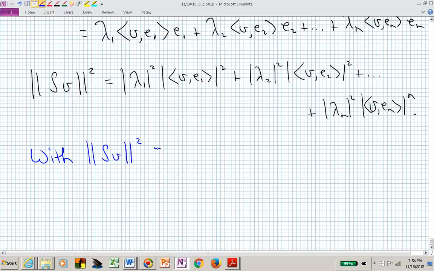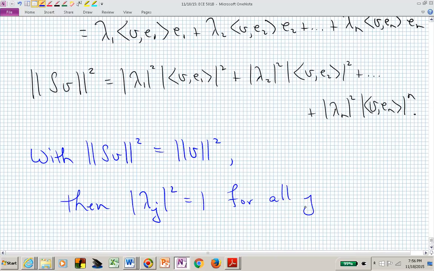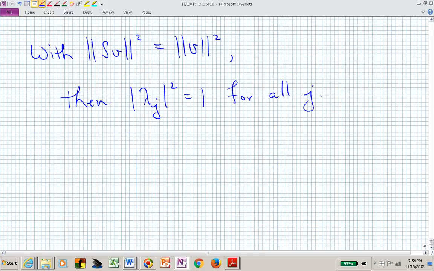With the norm of Sv squared equal to the norm of the vector squared, then in fact that says that the magnitude of all of these lambda sub j's squared has to equal 1 for all j. And now that tells us something about this isometry. These isometries now have all of their eigenvalues having a magnitude of 1. And that's an important result.